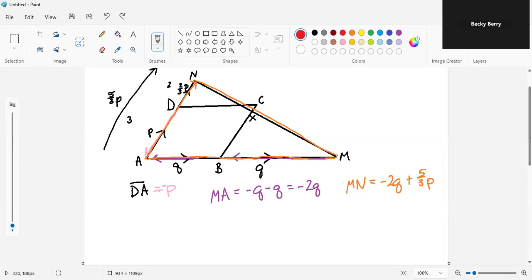From B to N, I can go backwards along a Q, forwards along a P, and forwards along the 2/3 P. So BN was a negative Q because we went backwards, plus a P, plus 2/3 of a P, and again we can combine 1 and 2/3 to be a positive 5/3 P.